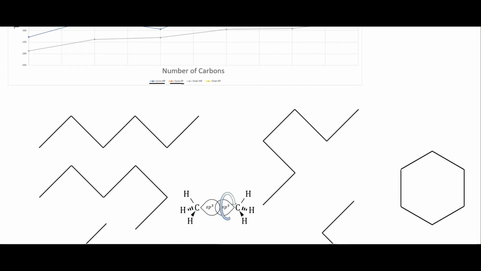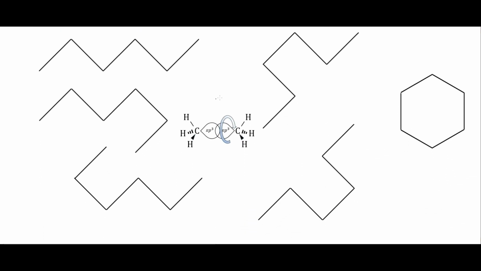The reason for that is that in alkanes in general, we have this freedom to rotate around these single bonds, these sigma bonds. I've shown a few different conformations for hexane right here. We could have that, and then if we rotate around that bond there, we get something that looks like this. If instead we rotate around that bond there, we get something like this. And if we're rotating one way or the other around that bond, we get these two things here.